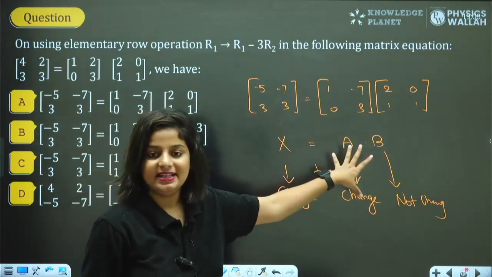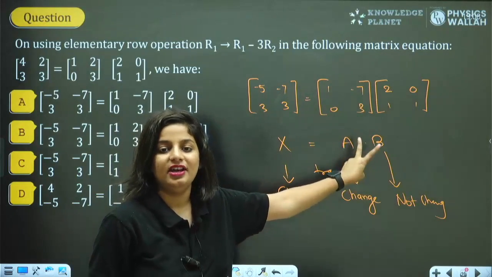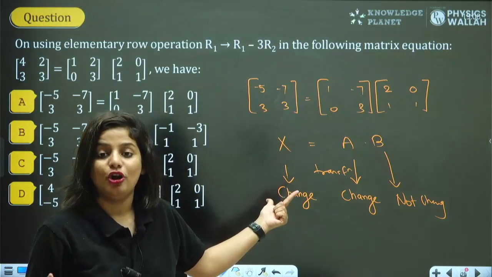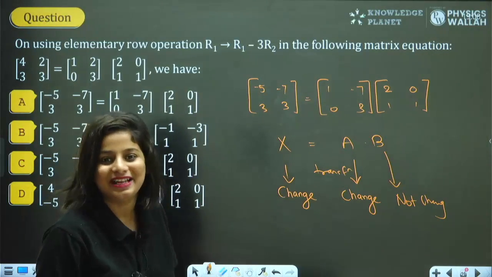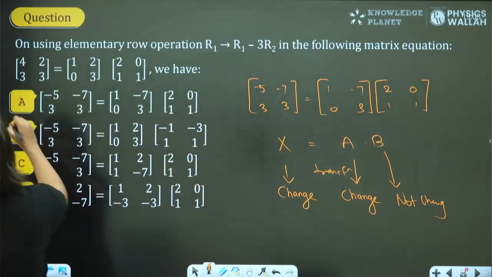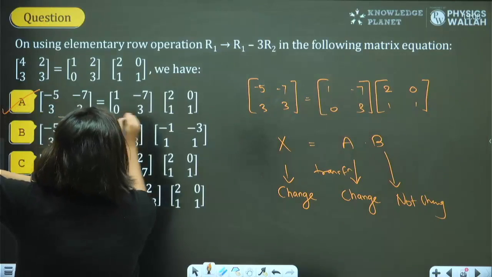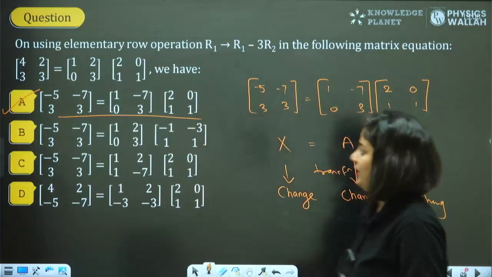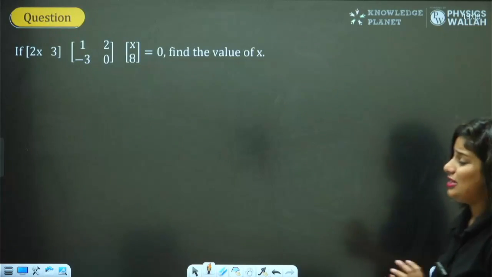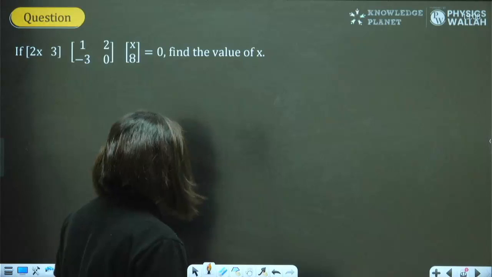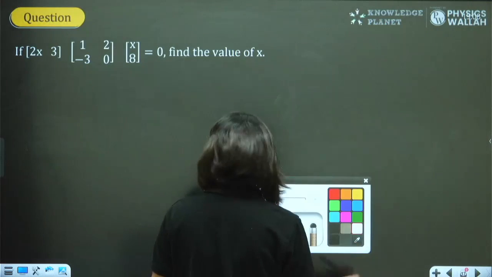Left side, right side will change, but on the right, if there are two, only one will change. Similar thing we did in row transformation and column transformation just now on the previous slide. So here also the third one will remain as it is, and that is present in option A. Am I correct? Yes, boss. Please note this point. All the questions that I've taken are super interesting, and we get to learn something from each question. I wish I am able to do all the questions.